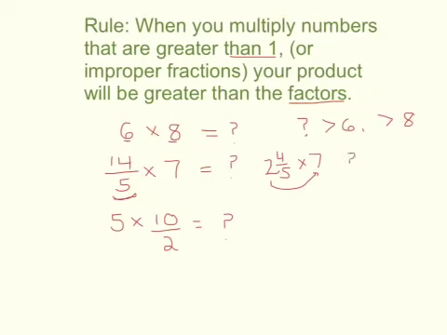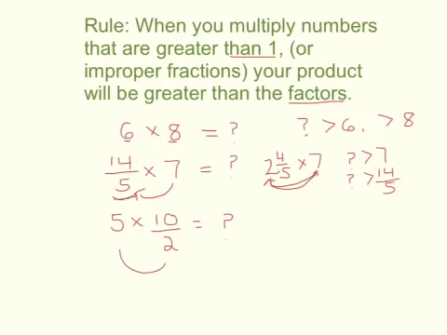So my question mark has to be greater than 7 because I have more than one 7. And then obviously it's going to be greater than 2 and 4/5 because we're taking 7 of these: 7 times 2 and 7 times 4/5. So my answer has to be greater than 14/5 because each number is being multiplied by a number greater than 1.